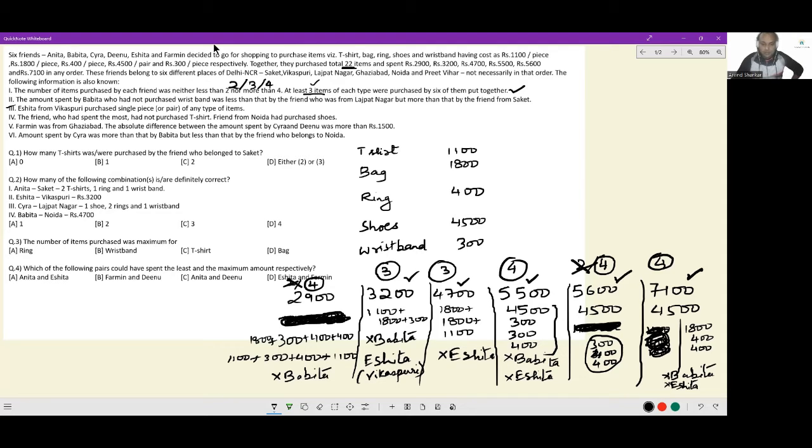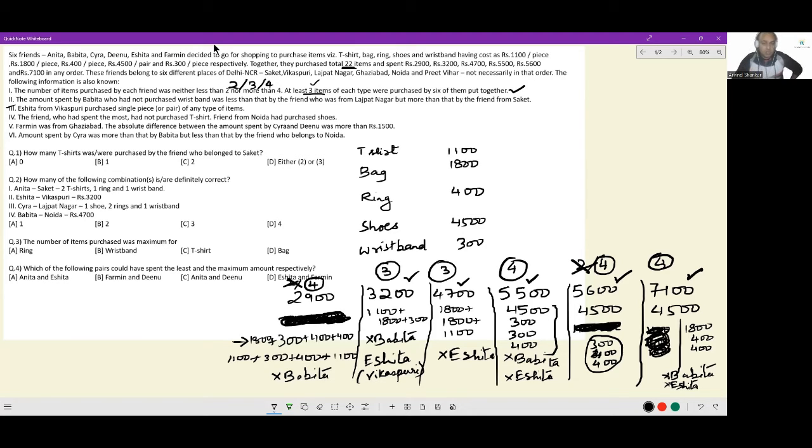For all these 5 amounts spent, we know the precise items bought. Additionally, now look at t-shirts. There is 1 t-shirt in 3200, 1 t-shirt in 4700, no t-shirt in 5500, 5600 or 7100. If we take this case for 2900, only 2 t-shirts will be bought, and that too by the 3200 fellow and the 4700 fellow.